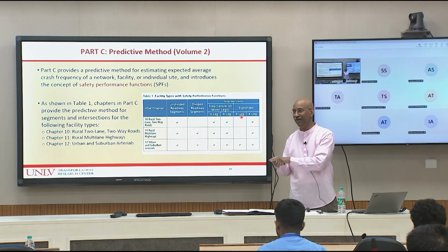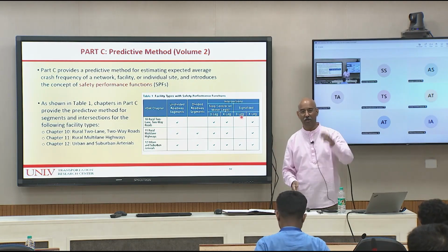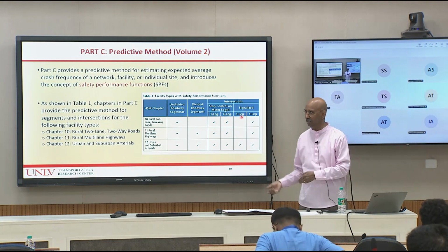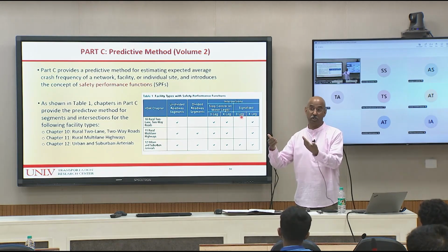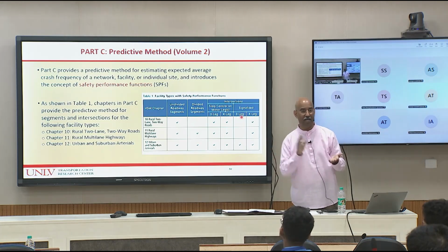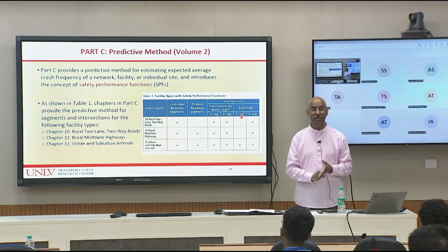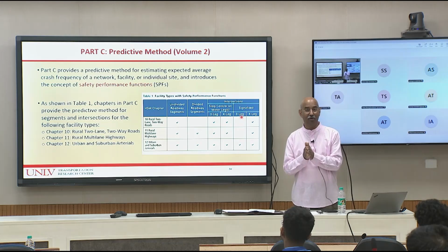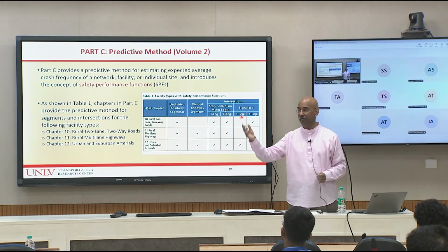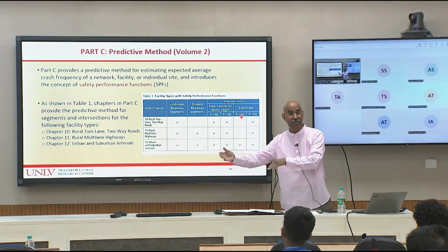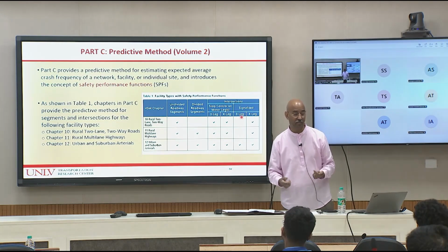That might not be appropriate in Ethiopia or in Bangladesh or in India or in Sri Lanka. That's something for research opportunities. If you're all looking for your master's and your PhD topics, can you look at these to come up with what are the benefits? Here was a problem, the state PWD or the National Highway Authority did such and such, and afterwards these were the outcomes, so you can document.